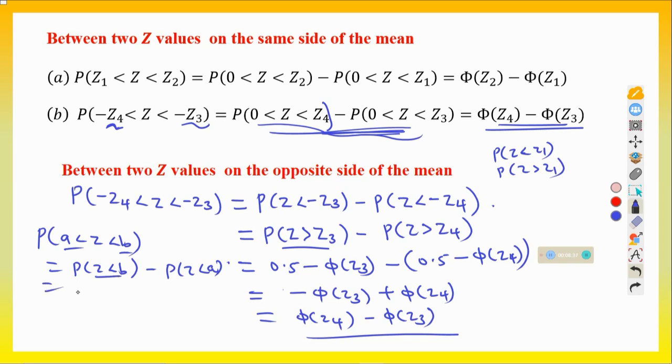If it is less than, then it means you will have 0.5 plus the table reading of b, minus, if it is less than, 0.5 plus the table reading of a, like that. So these values can easily be obtained, and you have your expression manipulated. The negative or the greater than will come in, especially if you have negatives.